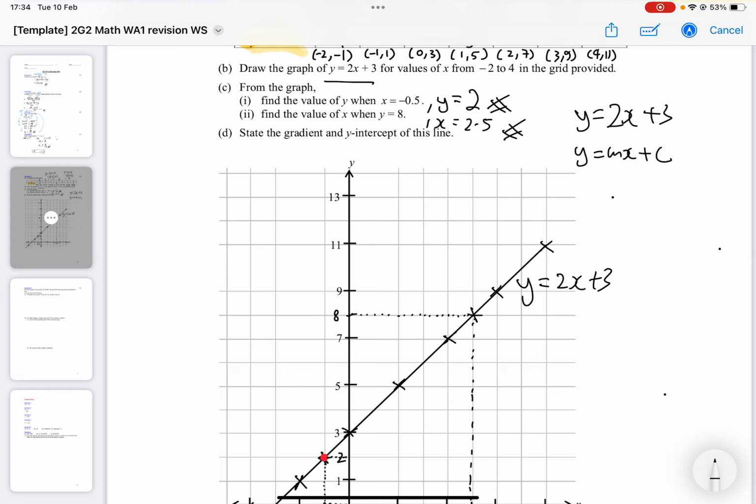Then whatever number I have in front of my x is the gradient. So in this case, the gradient is 2. And when it's written like that, the 3 is my c, and my c is my y-intercept. So the y-intercept of this line is 3.